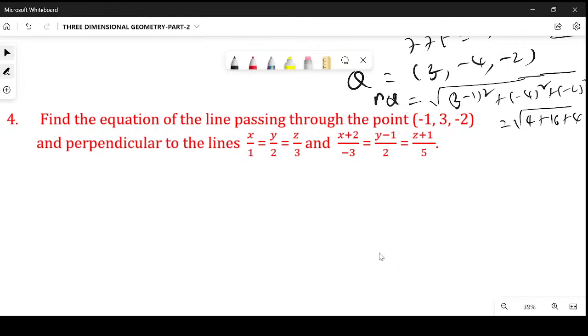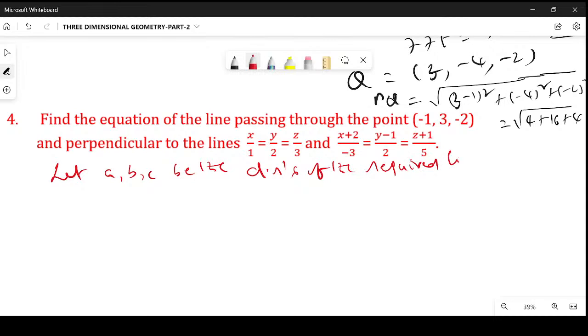Let A, B, C be the DRs of the required line, which is perpendicular to the given lines. If we solve the two equations, we can find the ratio. So let A, B, C be the DRs of the required line.